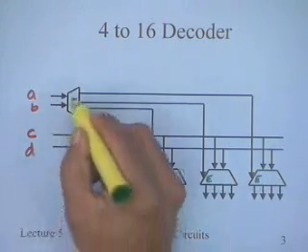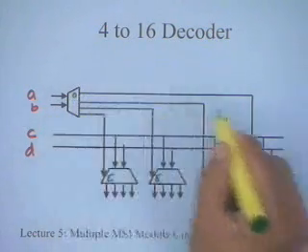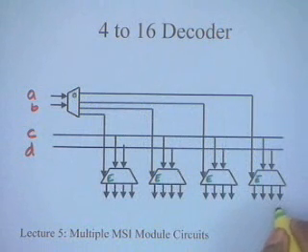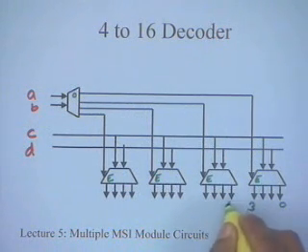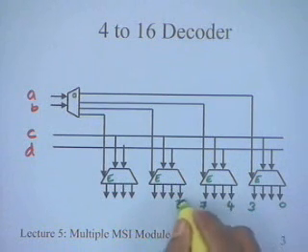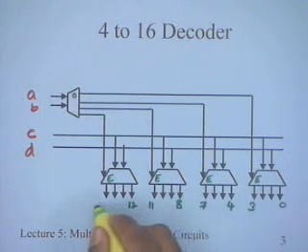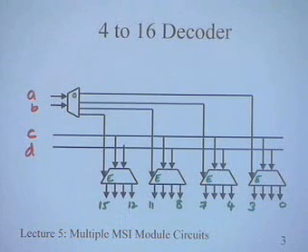If I connect the 0 output of this decoder over here, then this will correspond to the 0 output. This corresponds to 3, 4, 7, 8, 11, 12 and 15. So the 16 minterms, 0 to 15, corresponding to A, B, C, D will come from 4 decoders.